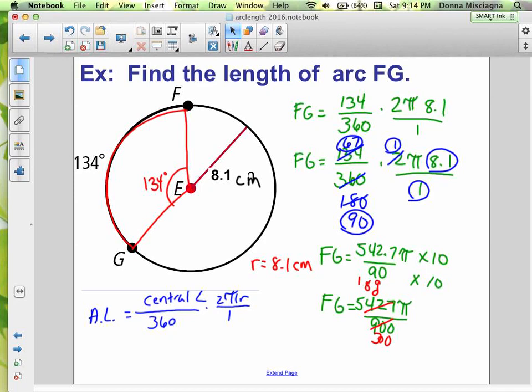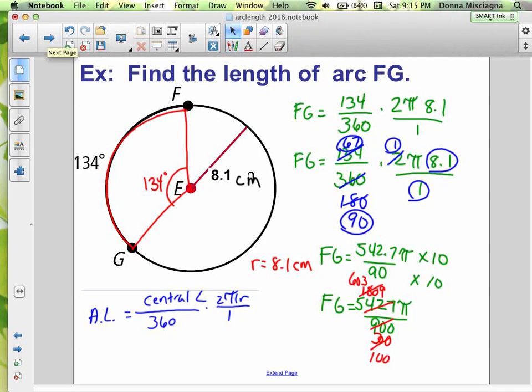Let's see if this is the last time that we have to reduce. All right, so 18 divided by 3, that would go 6 times. 0 divided by 3 is 0. And then 9 divided by 3 is 3. So 603. That's not very neat. And 300 divided by 3 is 100. Well, now we are done, because now they don't have anything in common.